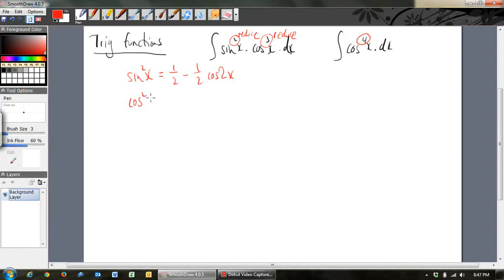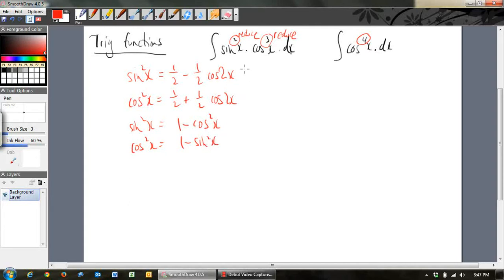Similarly, cos squared x is half plus a half cos 2x. And the other ones that you know already, from the Pythagorean identity, sine squared x is equal to 1 minus cos squared x, and cos squared x is 1 minus sine squared x.